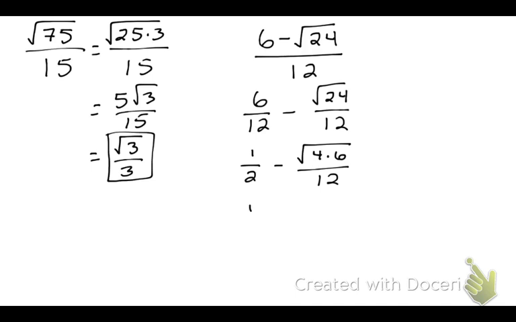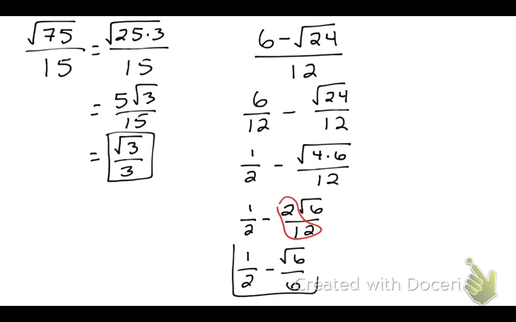But the square root of 4 is 2, so this is 2 root 6 over 12. But the 2 and the 12, since they're outside the square root, that fraction will reduce. And 2/12 is the same as 1/6. So this is 1/2 minus root 6 over 6. And some people would say that this is a fine answer.